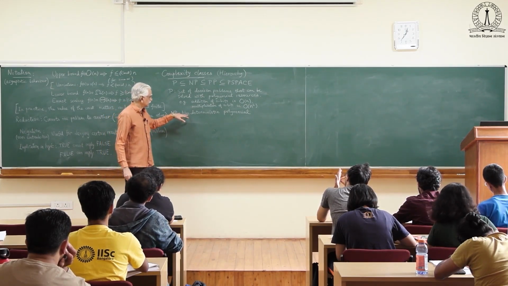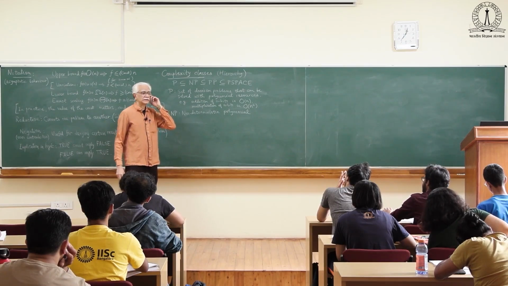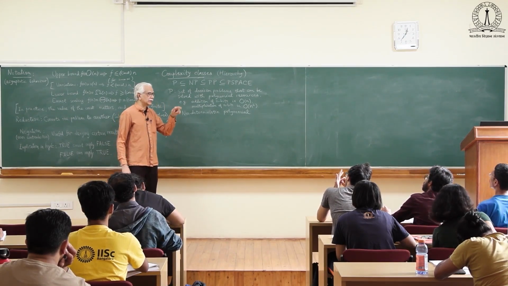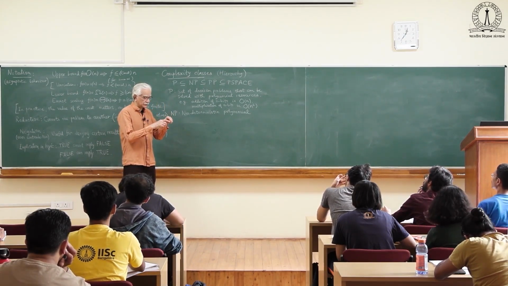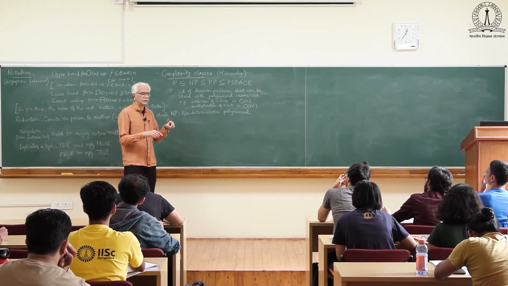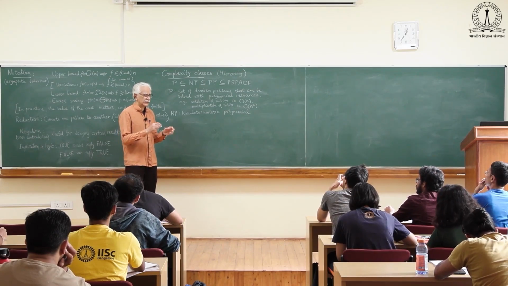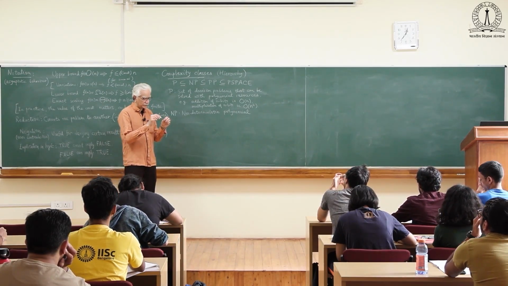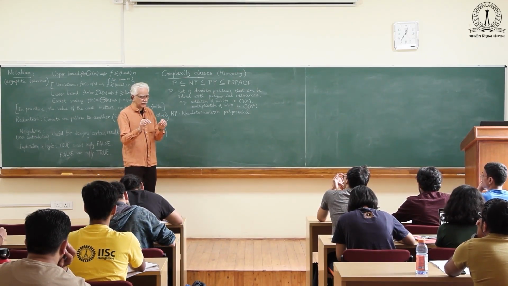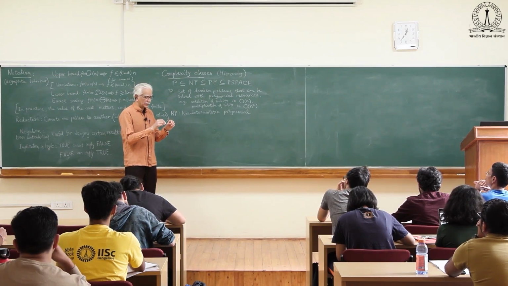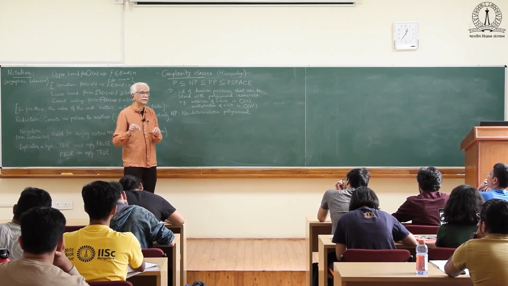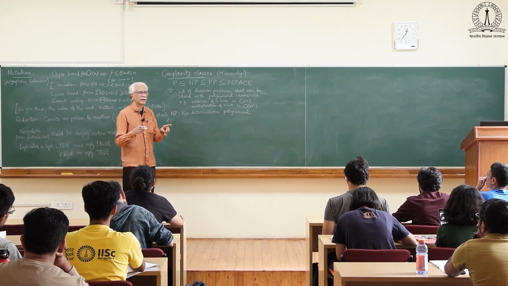What does non-deterministic mean? That in trying to construct the algorithm, there are branches. Like if this, then do something, else do something else. There are branches.